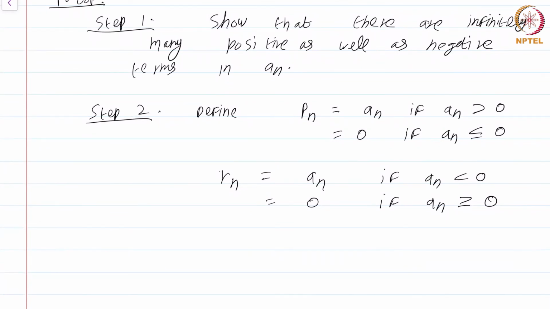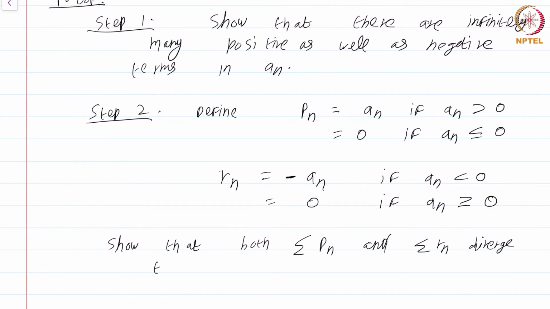Okay, step 2 is show that, if you don't mind, I will put a minus sign here because it will make the statement I am about to write simpler. Show that both summation Pn and summation minus Rn diverge.